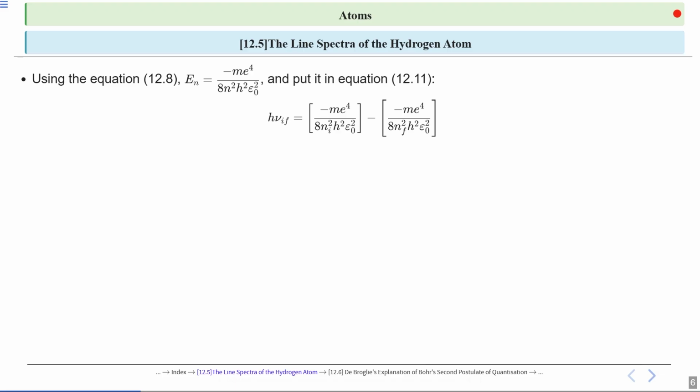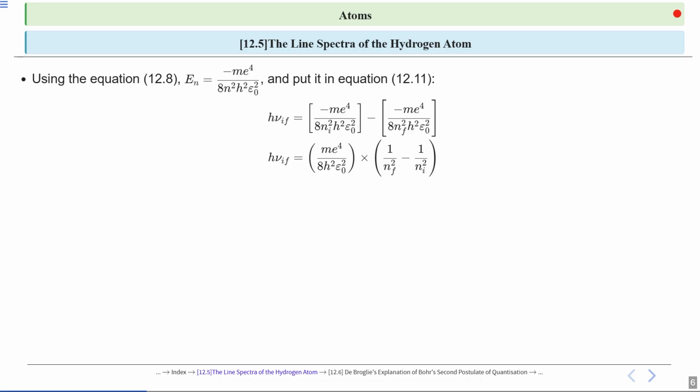The equation is h nu if equal to the energy of the initial level, that is minus m e raised to power 4 upon 8 Ni square h square epsilon naught square, minus the energy of the final state, that is minus m e raised to power 4 upon 8 Nf square h square epsilon naught square.